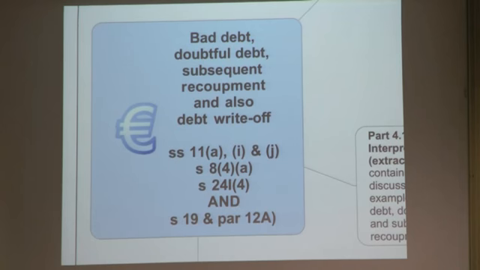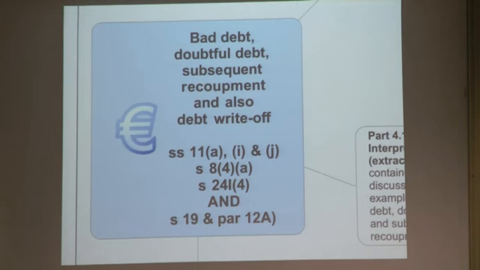Okay. 11I, again, only from the lender's perspective. Requirements for 11I. Very important. It had to be included in your gross income. So when will that be included in your gross income?